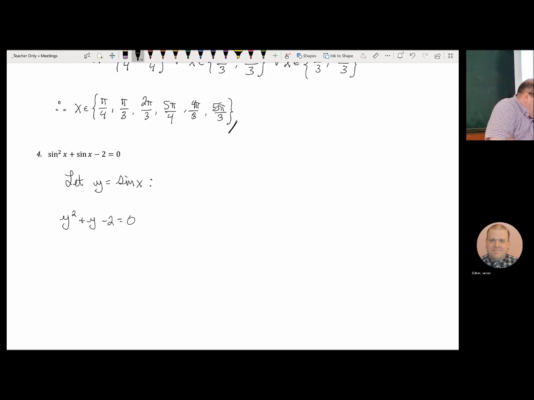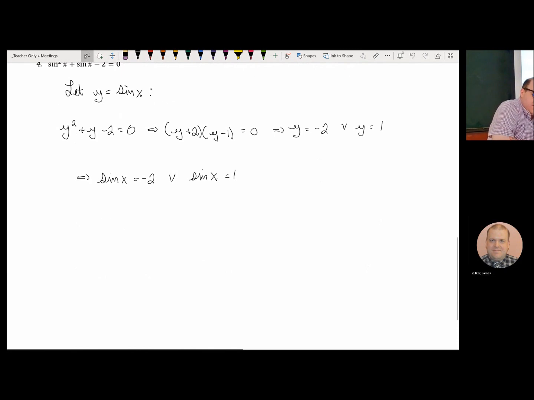Isn't this quadratic? Can it be factored? It factors as y plus 2 times y minus 1. We get y is -2 or y is equal to 1. That means sine of x is -2 or sine of x is 1.